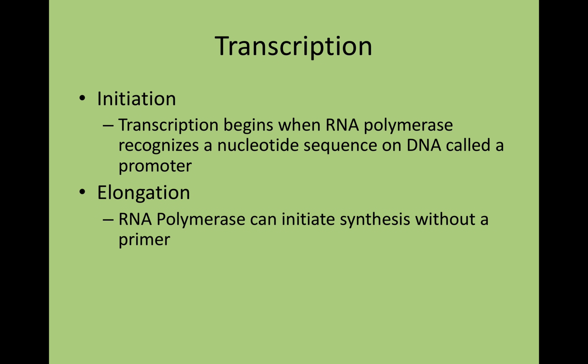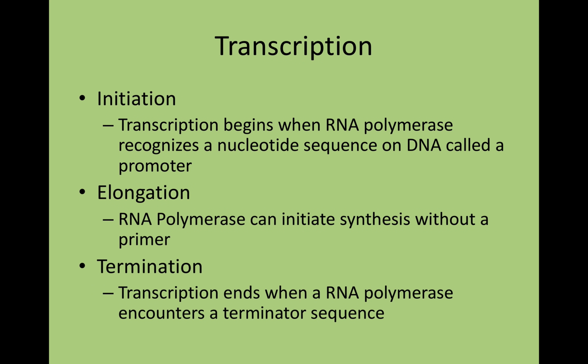Elongation occurs where RNA polymerase initiates synthesis without a primer, can do everything on its own basically. So it will separate the double-stranded DNA, attach, read, and synthesize all on its own. Then termination occurs when RNA polymerase encounters a terminator sequence.